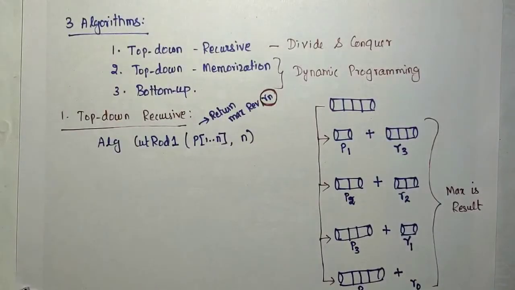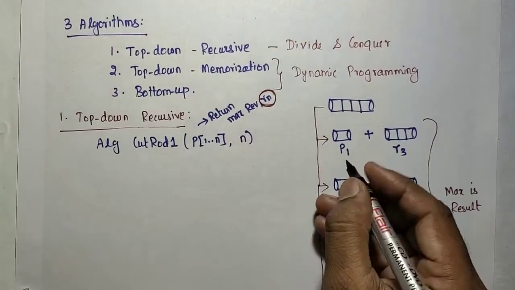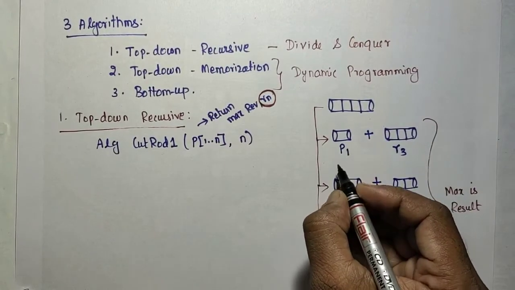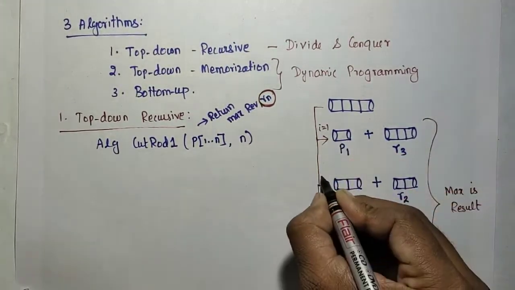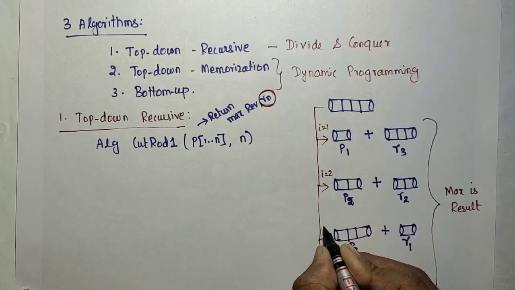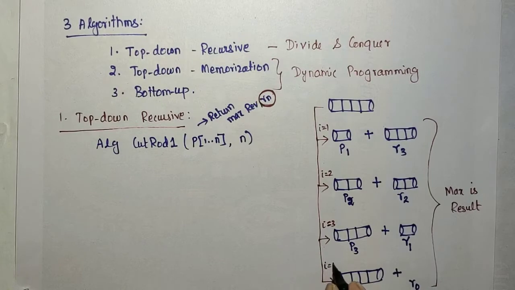Okay, so the algorithm is very simple, we need to find the maximum. The cut starts from here, i equal to 1, i equal to 2, i equal to 3, and i equal to 4, like that.